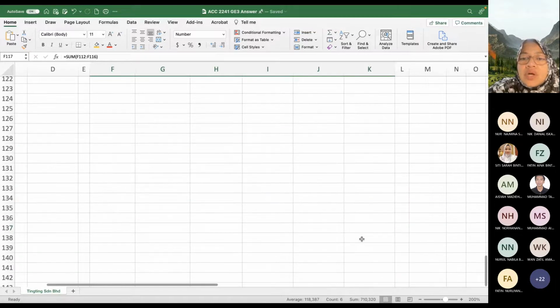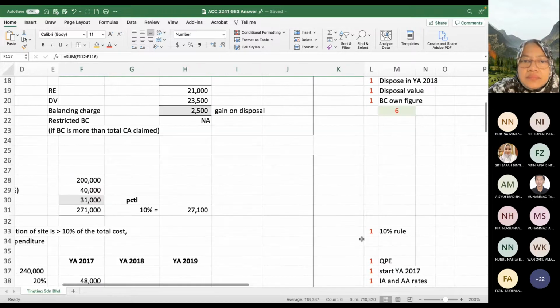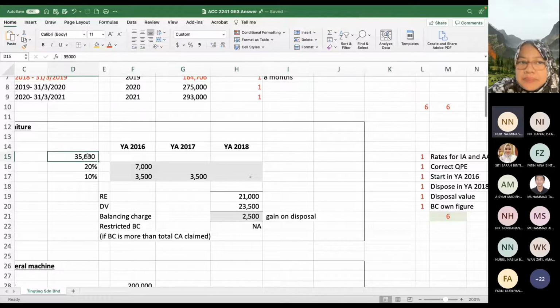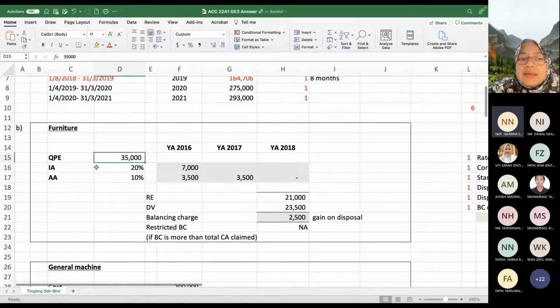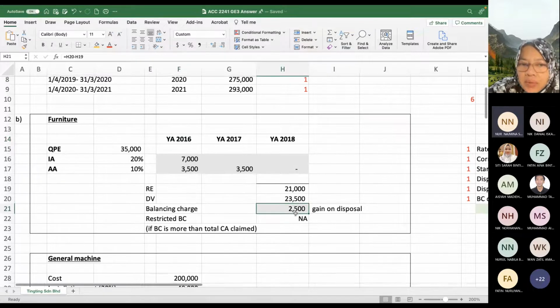Right, so from all the computation, normally what we are looking at is that you must show me the qualifying expenditure, the QE, and the rate, and the year that you claim for your capital allowance. And when there is a disposal, you have to show me your RE or disposal value, whether it's a balancing charge or balancing allowance.